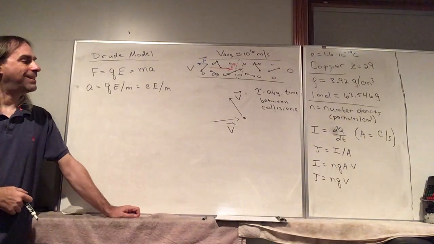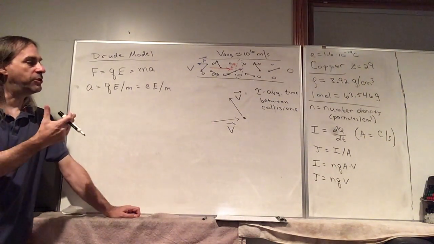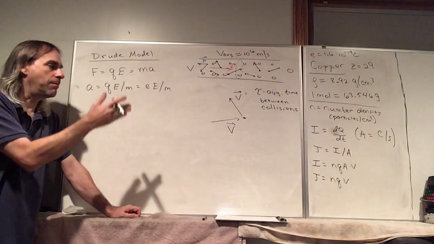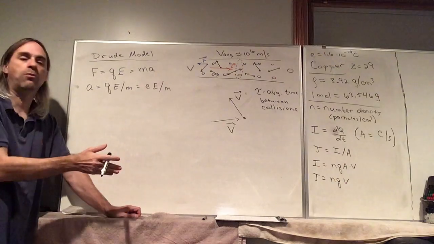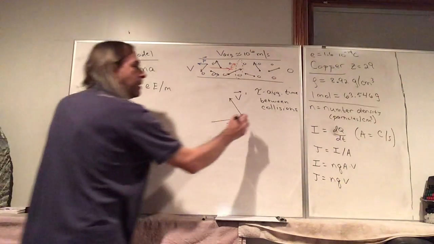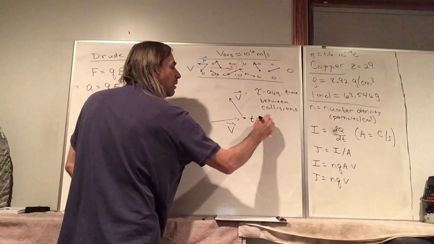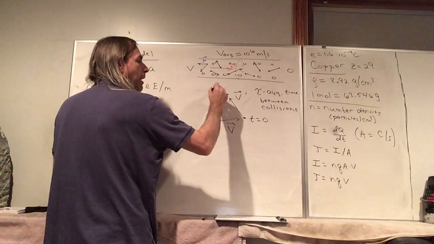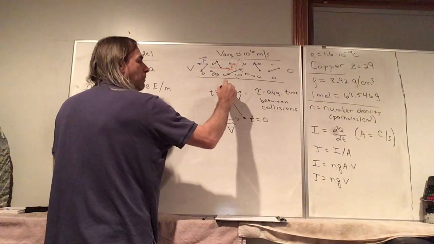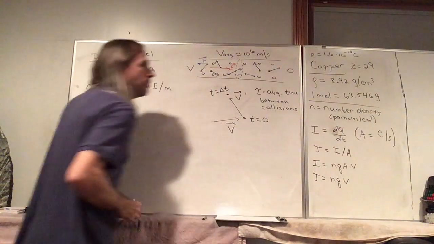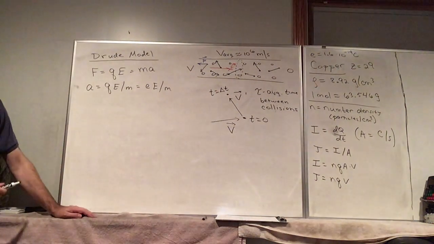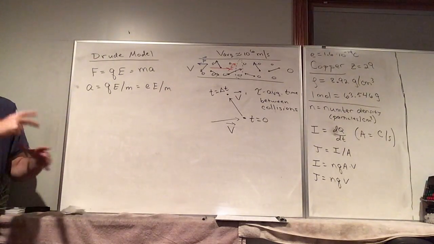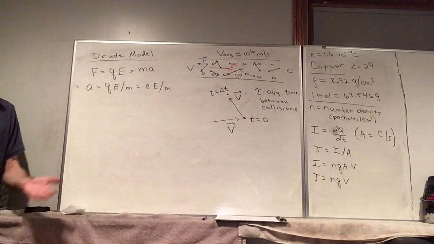And let's look at one electron as it goes from one atom to the next. So it hits one atom, we'll say at t equals 0, and then it's going to hit the next one at some later time. I don't want to call it tau, because tau is going to be the average for every electron over some period of time.